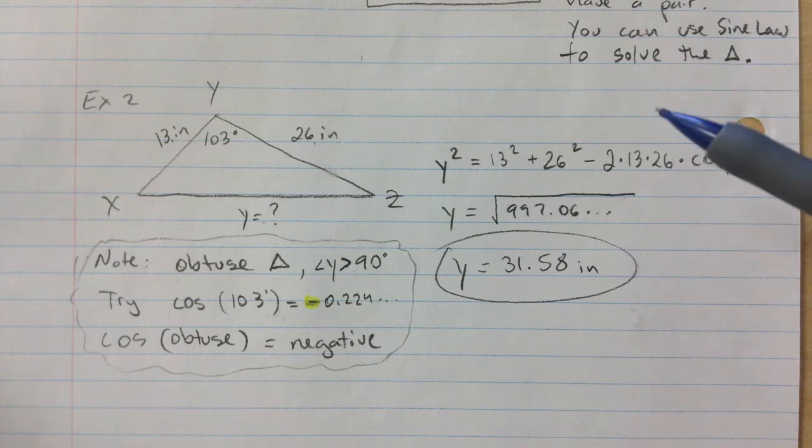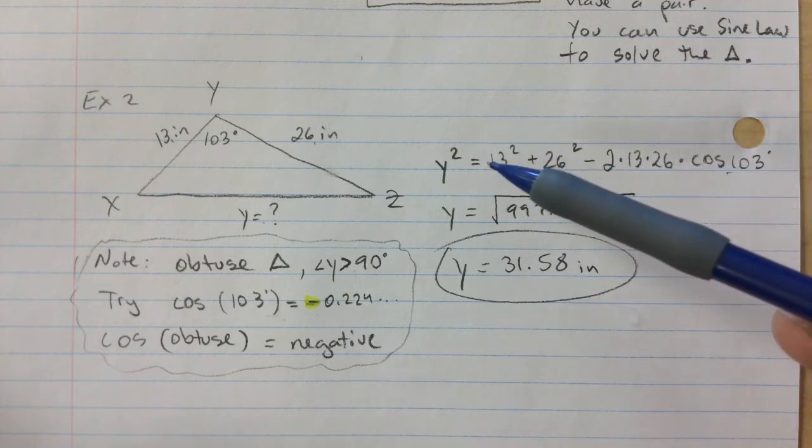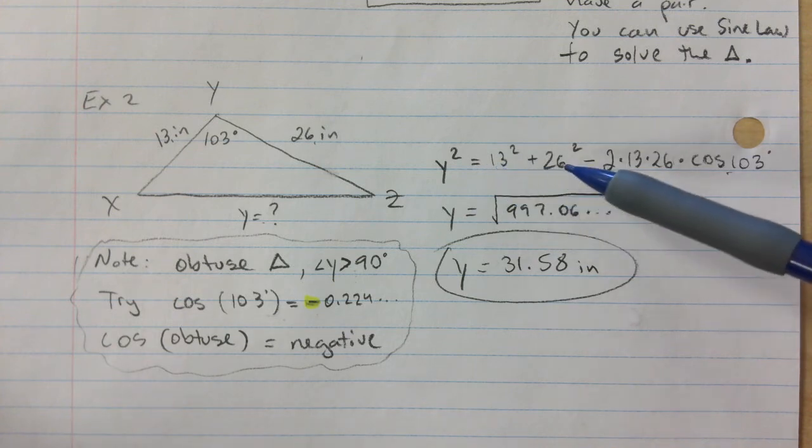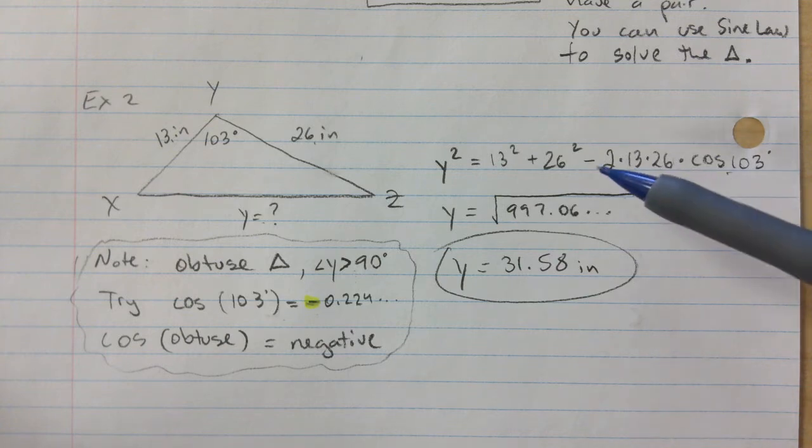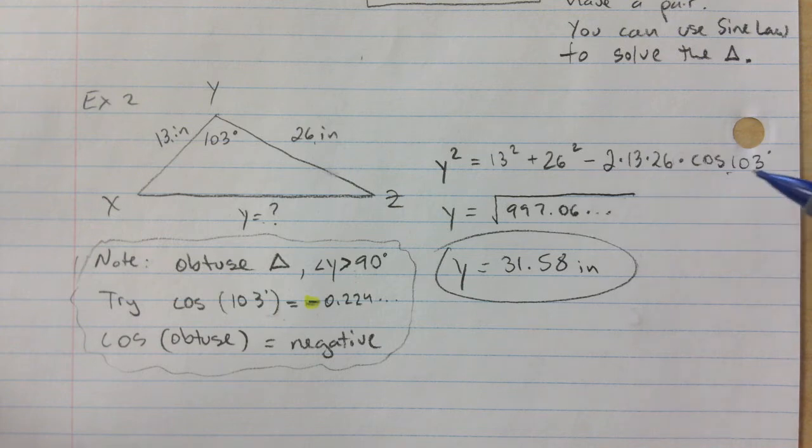What sometimes happens is students do this separately. They find out what 13 squared is, they write it down. They find out what 26 squared is, they write it down. Then they go minus this times this times this, and they figure it out, but they forget that there will actually be a double negative. So they actually end up subtracting that last expression, whereas really you're adding it because of the double negative.